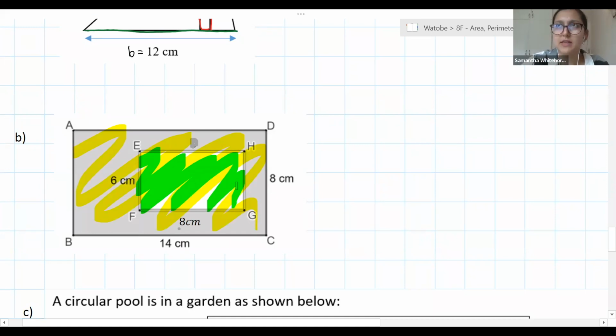And so if I think about that mathematically, if I want to get rid of something, I want to take it away. So I'm going to want to subtract.